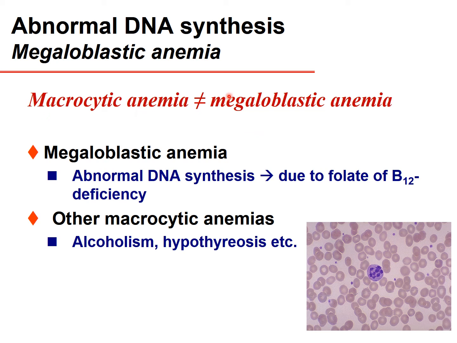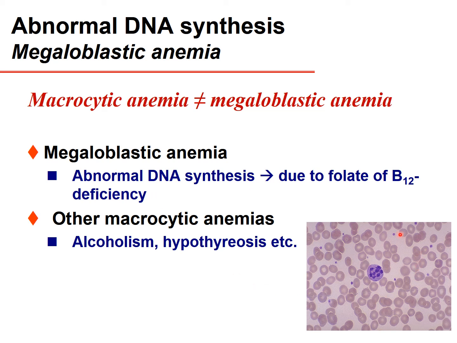Not only megaloblastic anemia can cause macrocytic anemia, but there are some other things, for example, alcoholism or hypothyroidism can cause it. In a true megaloblastic anemia, we have a problem with the DNA synthesis, and mostly this is due to folate or B12 deficiencies.